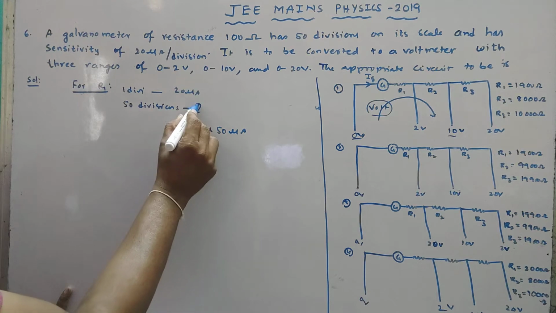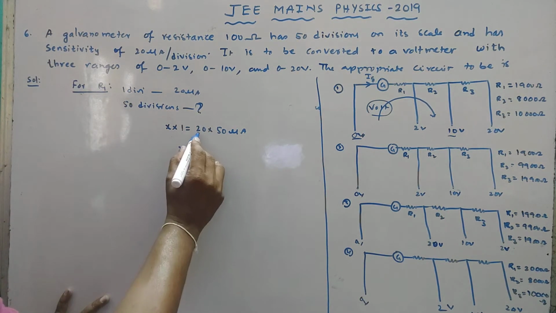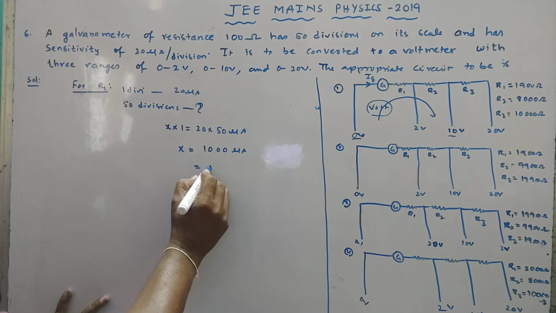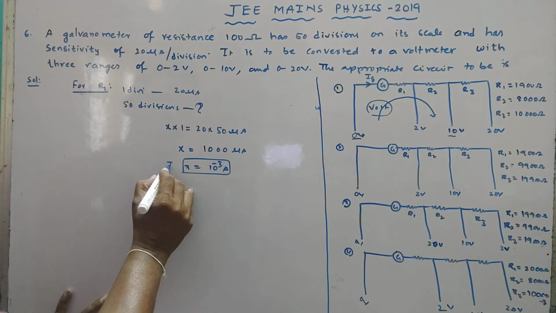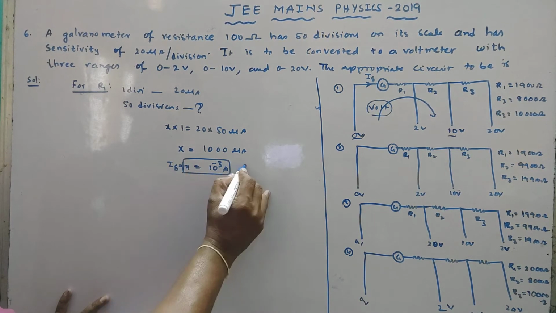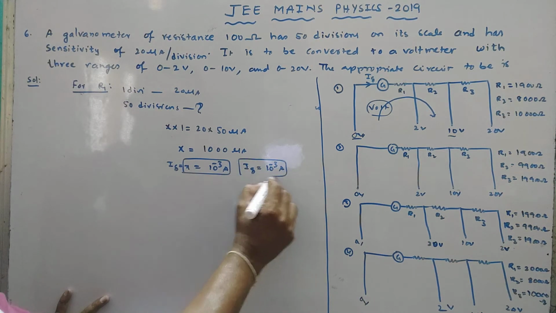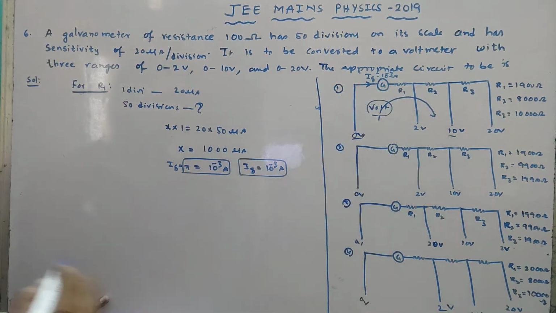So x is the current passing for 50 divisions. This is 1000 microampere, nothing but 10 power minus 3 ampere. So the galvanometer current Ig equals 10 power minus 3 ampere.